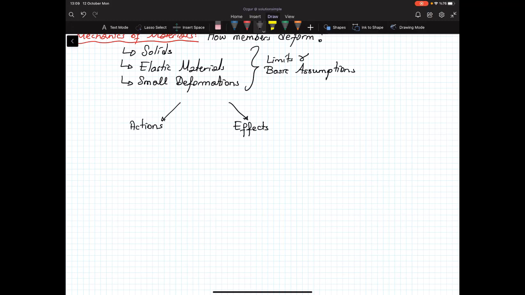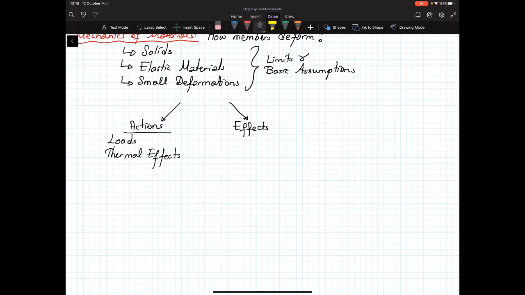Okay, we have some actions on a structure and we see the reactions. Now the actions for us are the loadings, right? We have point loads and we classify the loads. We have point loads, we have uniformly distributed loads, we have moments, we have thermal effects, and so on. So these are all external effects. We classify them as our actions.